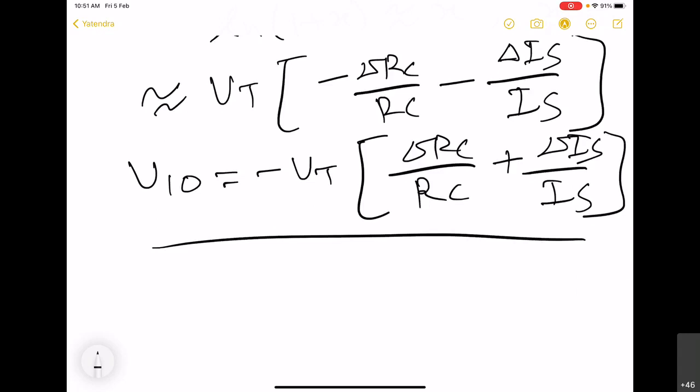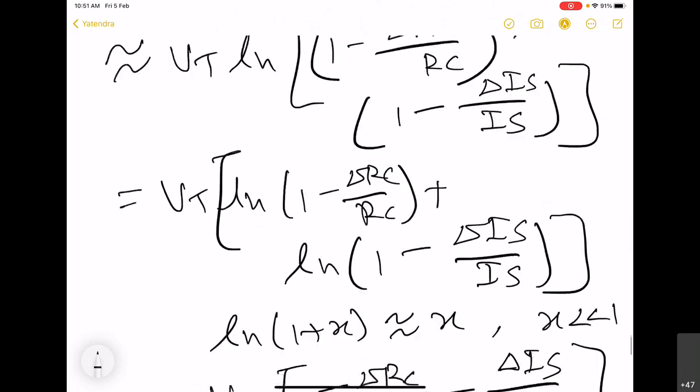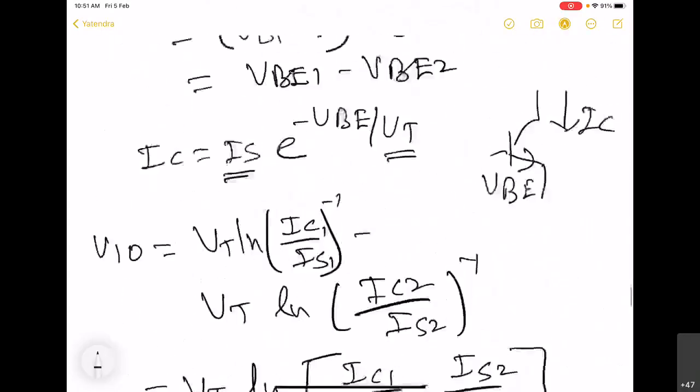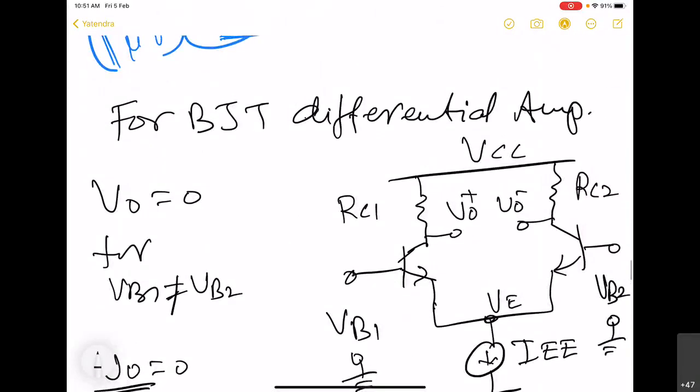But as I pointed out, for BJT, there will be base current also. There will be some base current flowing through this. So one can find out what is the mismatch in the base current that exists.